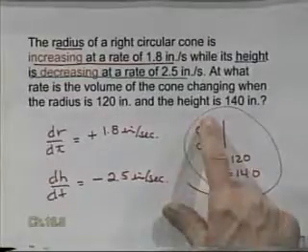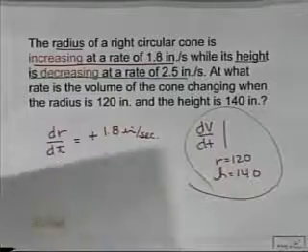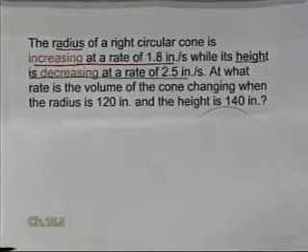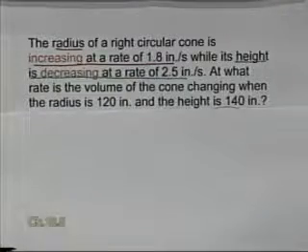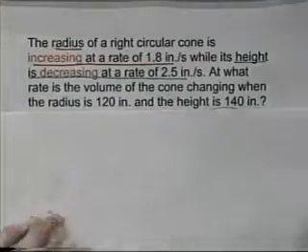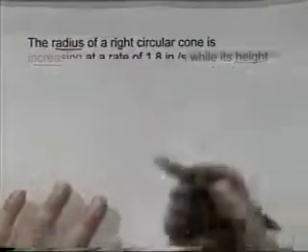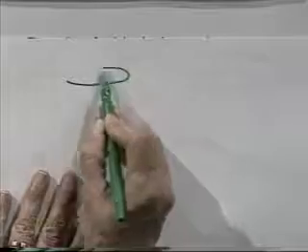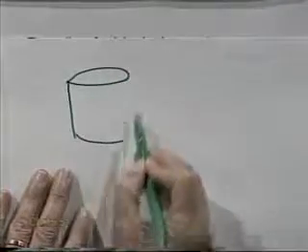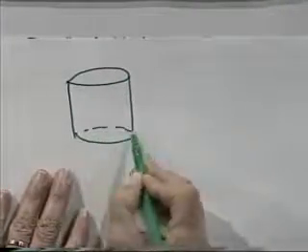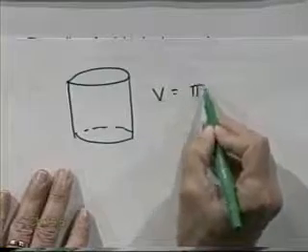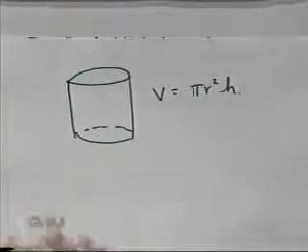dv dt, how is v changing with respect to time? Well, does anybody know the formula for the volume of a cone? I think everybody in Calc 3 should know this. If you have a cylinder, the volume of a cylinder is the area of the base times the height.